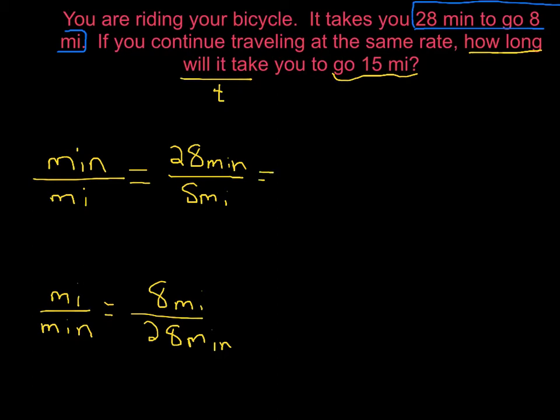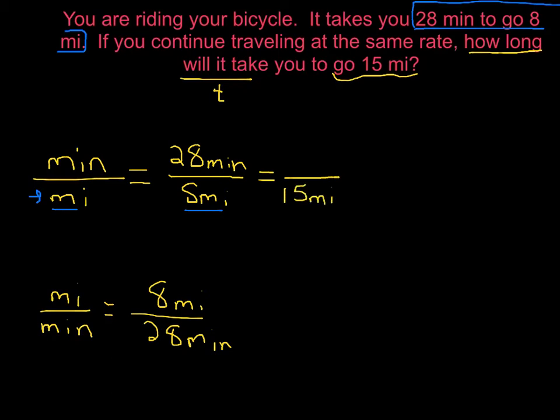So now use the other information and what we want to solve. This is going to be equal to, because we want to keep the same rate. We're solving for the time, and the miles, we have 15 miles. So you just have to make sure that everything matches up. So in the top problem, we have miles in the denominator, and that's consistent. Miles, miles. So over here, what we know about miles has to stay in the denominator. 15 miles.